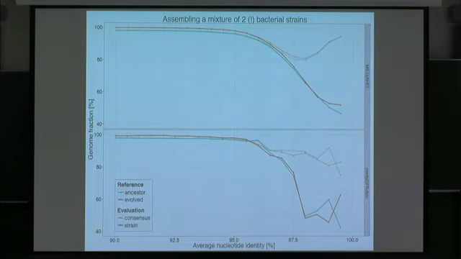Okay. So let's start at the other half of 99.5% identical strains. We have a mixture of those strains, only those 2 strains. They're 99.5% identical. We want to assemble both of them. And look at the top. Megahit produces one genome, which is a consensus representation of both strains.